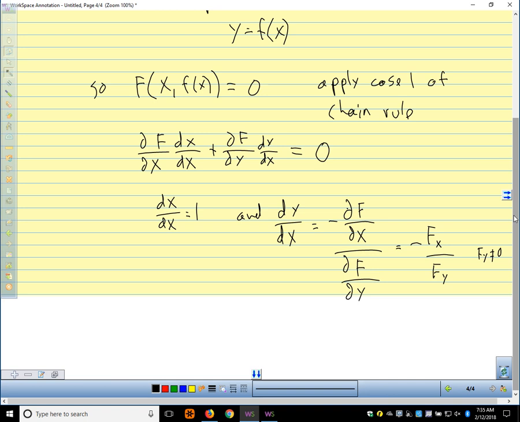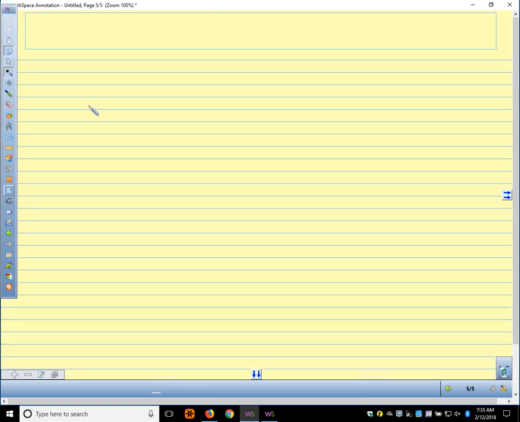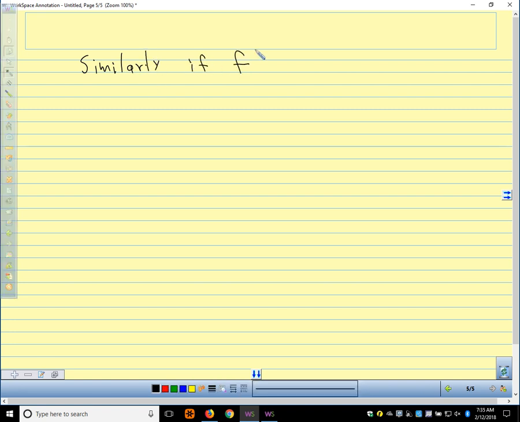We can extend this if f is a function of more than two variables, x, y, and z, x, y, z, w, etc. And we can find all the partials, all of our derivatives. Similarly, if f of x, y, z equals 0, so x squared y minus y cubed x plus x z cubed minus e to the z, something, a three-variable function.